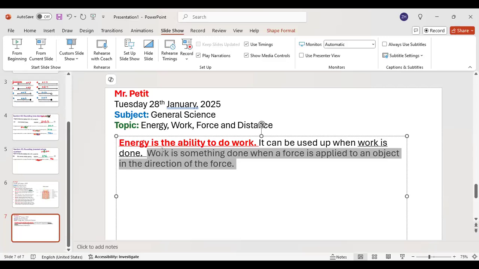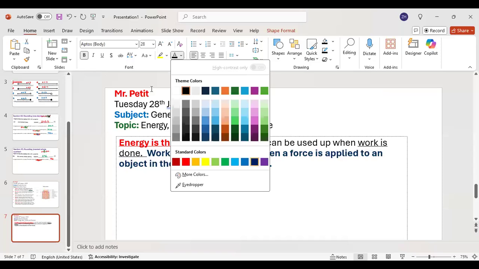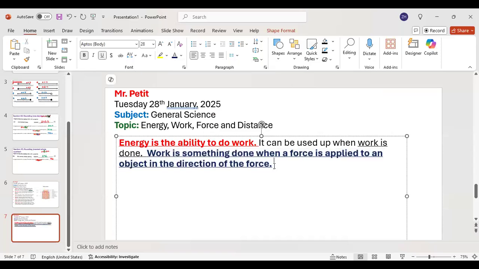This is very important. Work is done when a force is applied to an object and the object moves in the direction of the force. So let's look at the work formula.